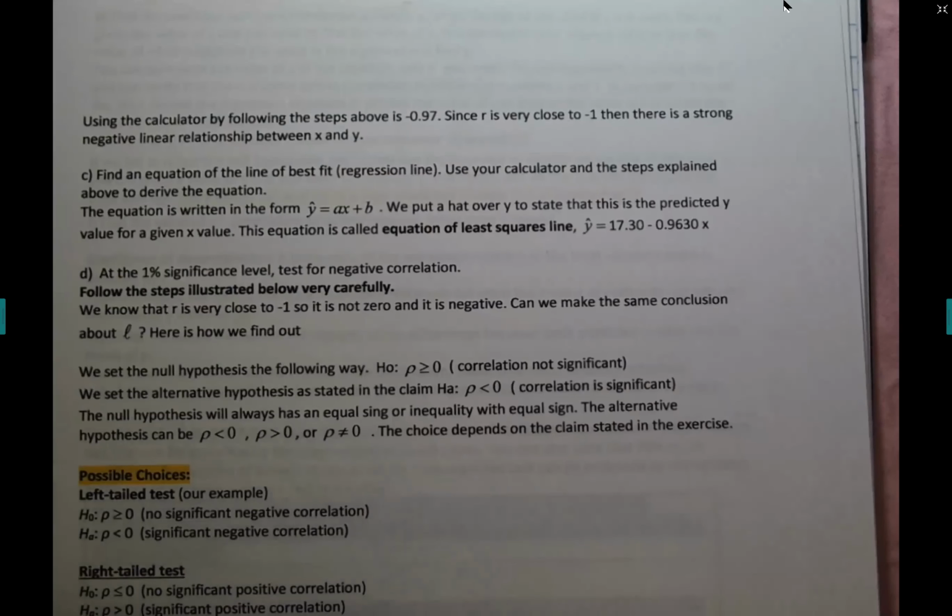Using the calculator by following the steps above, R is negative 0.97. Since R is very close to negative 1, there is a very strong, negative, linear relationship between X and Y.